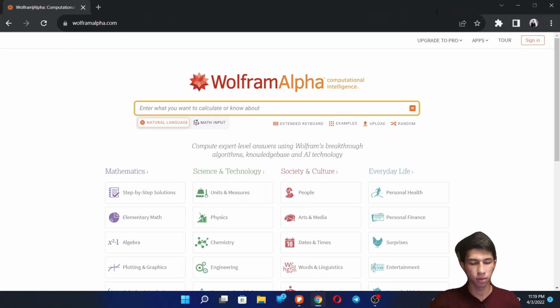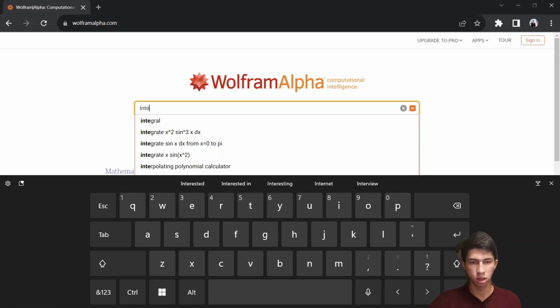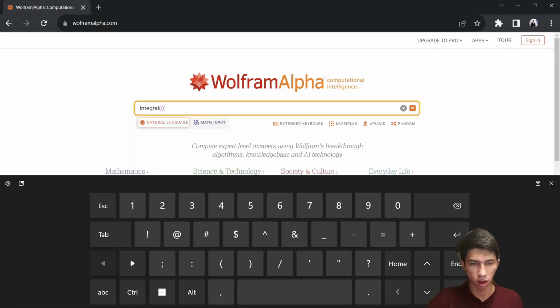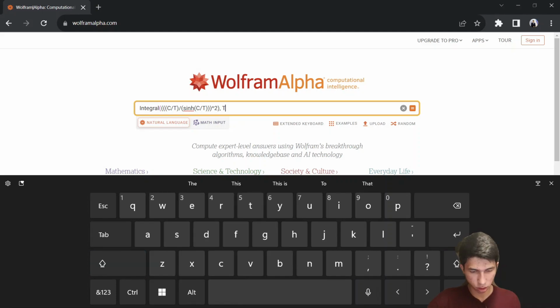Okay, we go to Wolfram Alpha. It's going to be the integral of c over t, divided by hyperbolic sine of c over t, raised to the power of 2, and we're taking that with respect to t, right?